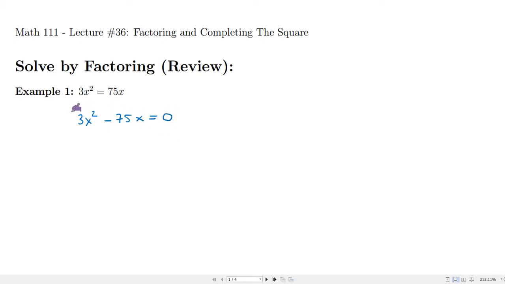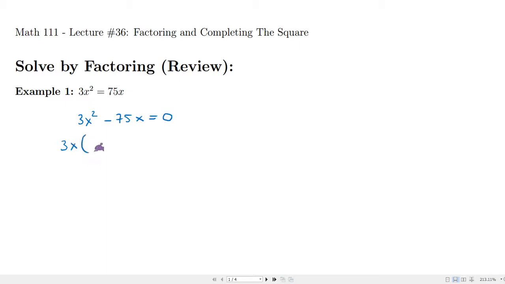And now, if we factor the left-hand side into a product of factors, then we can use the property of 0 to say that we're guaranteeing that one of those factors has to be 0, and so we can figure out what the potential solutions are. So what can we factor out of this? Well, both of these terms have a common factor of 3, but they also have a common factor of x.